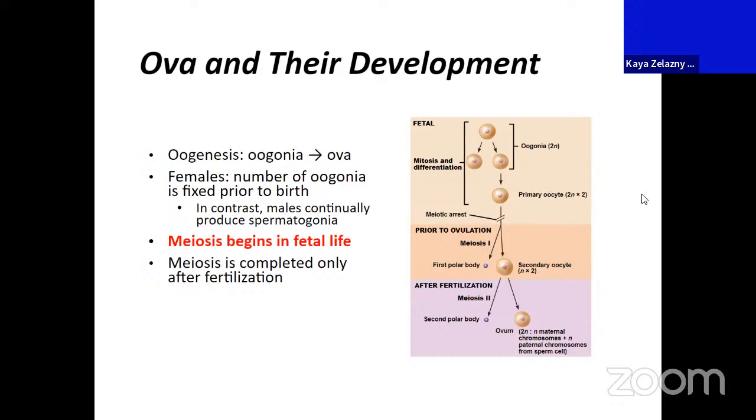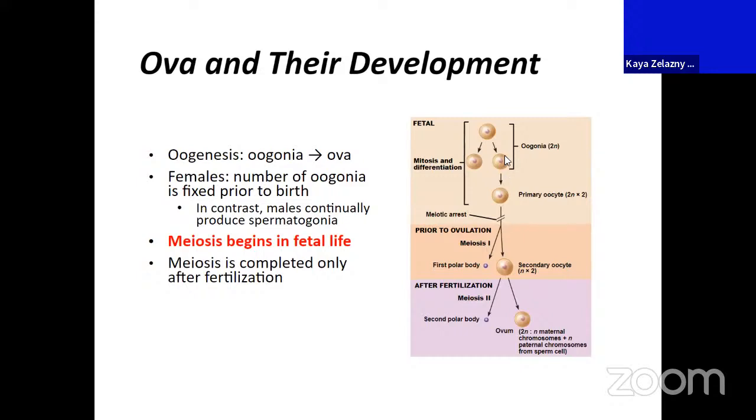The process of gamete production in females actually starts during fetal development. The place that you would see oogonia is not in any people that you see walking around in the world, unless you are looking at a pregnant person, because these oogonia are undergoing mitosis and differentiation during fetal life.